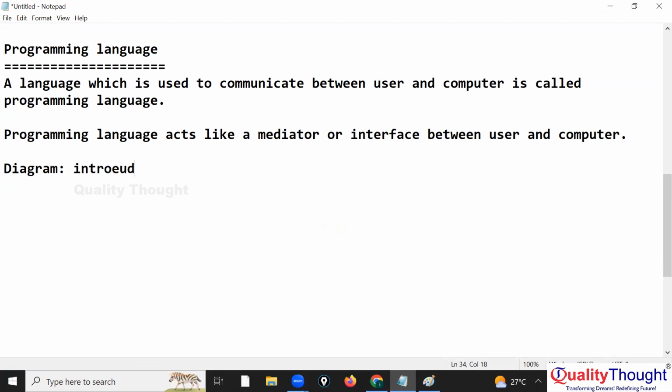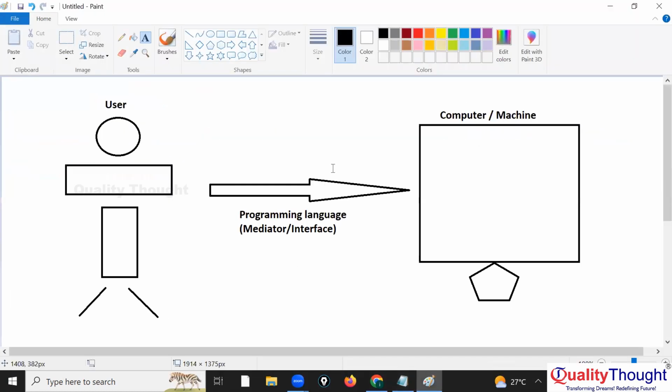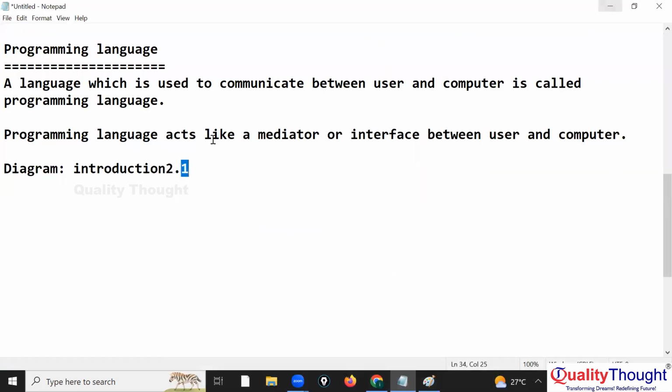Today is the second introduction class, guys. Introduction 2.1, second introduction class, first diagram. So this is the diagram. You don't need to write any notes, I will write for you. Programming language is a mediator, and using programming language only, the user is interacting with a computer.